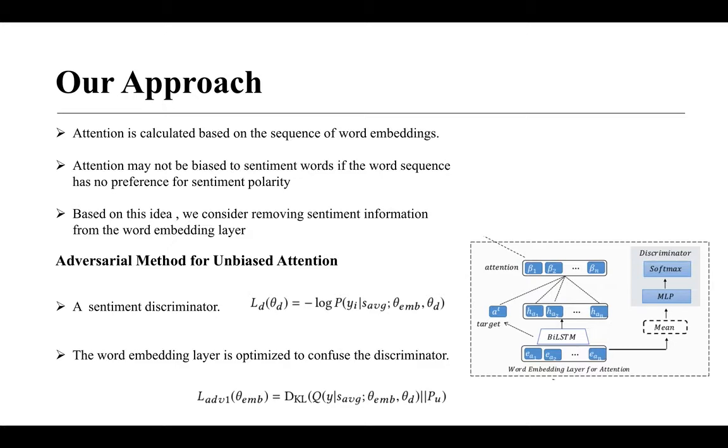Most attention-based models feed the sequence of word embeddings into a bidirectional long short-term memory, namely a bi-LSTM layer. Then, attention weights are computed based on the hidden states of the targets and other words.